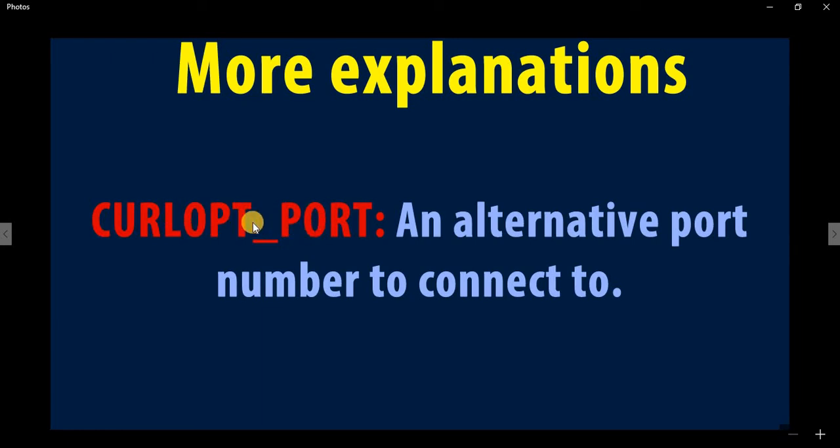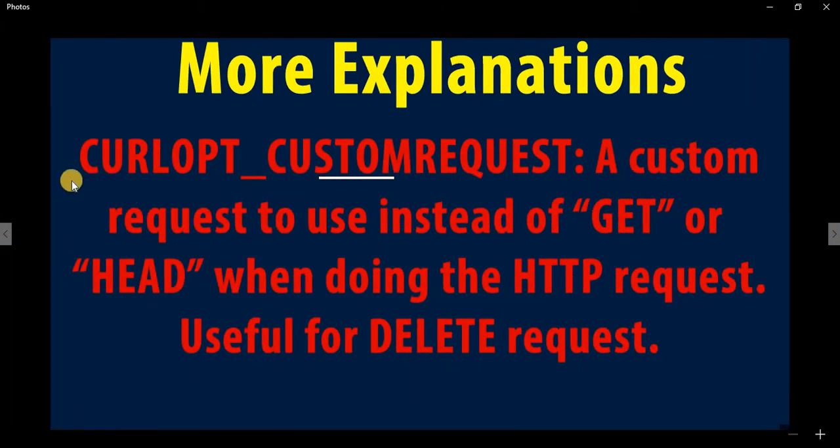So if it tries that and it doesn't work, it can just try the second port to see how the connection goes. As far as this particular constant is concerned, instead of using something like a GET or a HEAD, this is a better constant to use anytime you're dealing with a GET or HEAD kind of request.